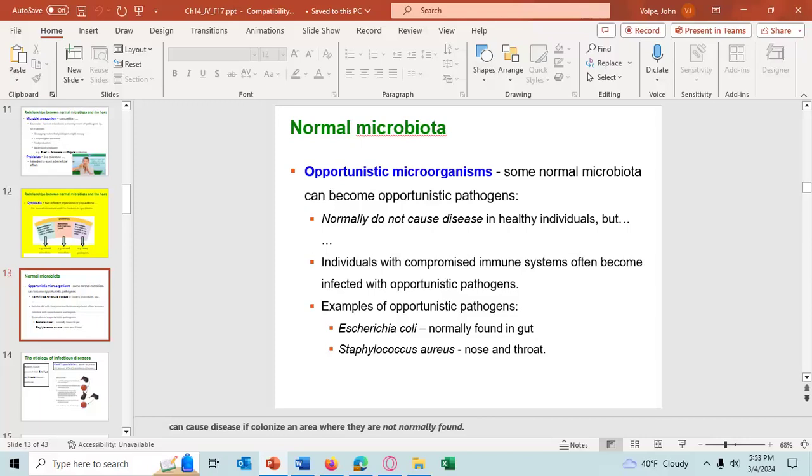And yeah, Staphylococcus aureus can be on the skin of 20% of Americans, but it's much higher on the nose and the throat of Americans, where about 50% of them have it. Fortunately, in the nose and the throat, it doesn't usually cause disease.